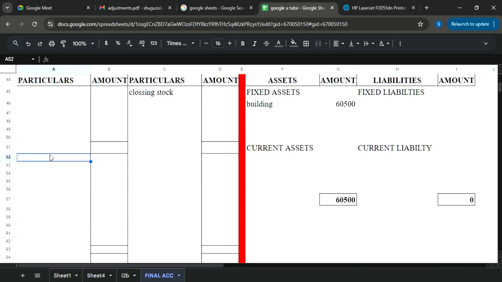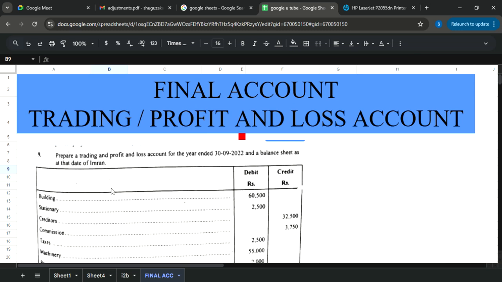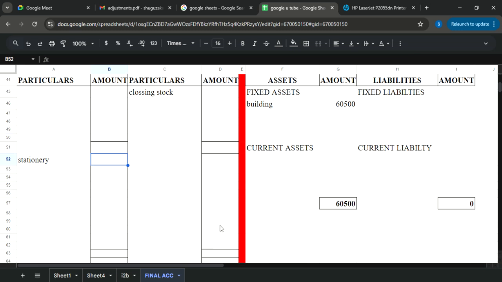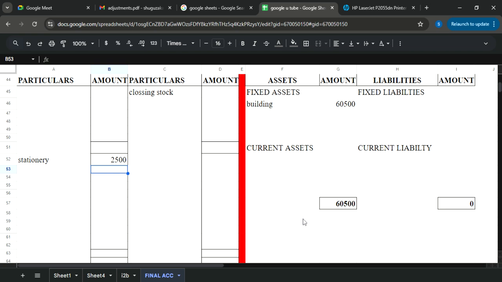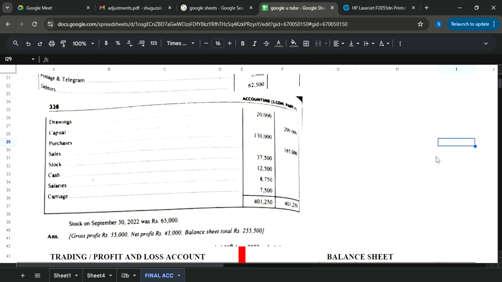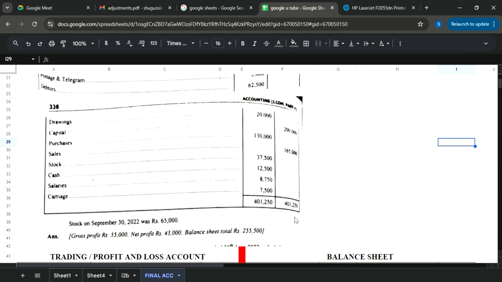We will come over here, stationery, and let's see how much the value of stationery is: 2500. Put the amount over here. The next is creditors, liability. Here you will come and mention creditors, amount of which is 32,500.